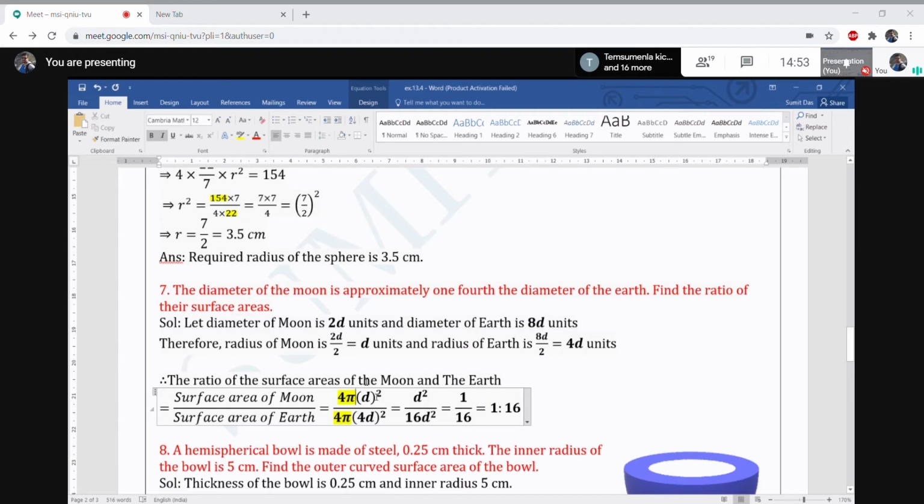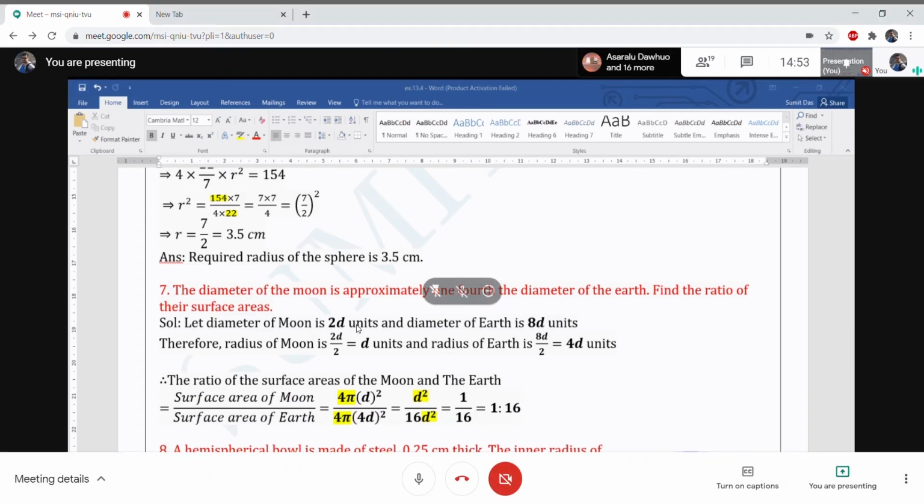What will remain in the numerator? d square. And the denominator will be 16d square, because 4d squared is 16d square. So again d square cancels. What will remain? 1 by 16. So the ratio of their surface areas is 1 is to 16. That's the answer.